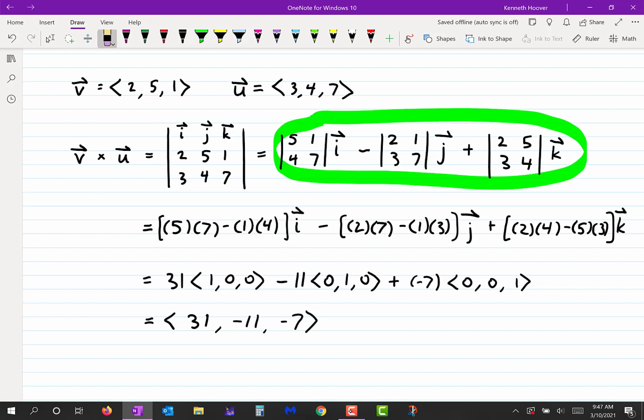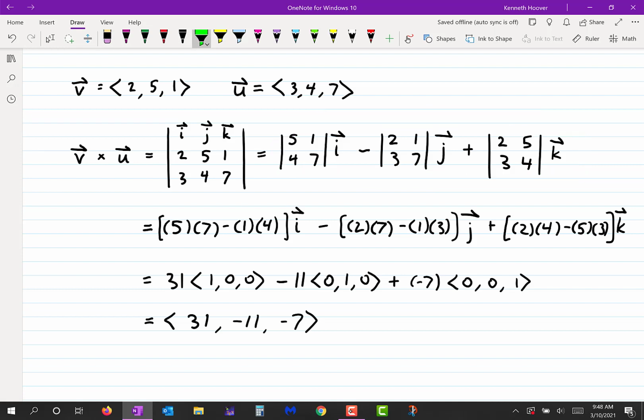If you remember that and you know how to calculate a determinant, then you don't need to memorize the formula for cross product. All you have to do is remember that cross product is that determinant.